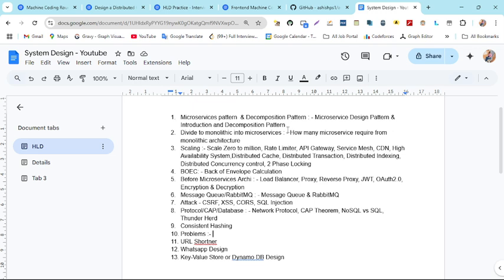If that database goes down, the whole system gets affected, right? So instead we choose individual databases. Then how will we do join operations and all kinds of SQL relational operations if we choose a different database for each microservice?